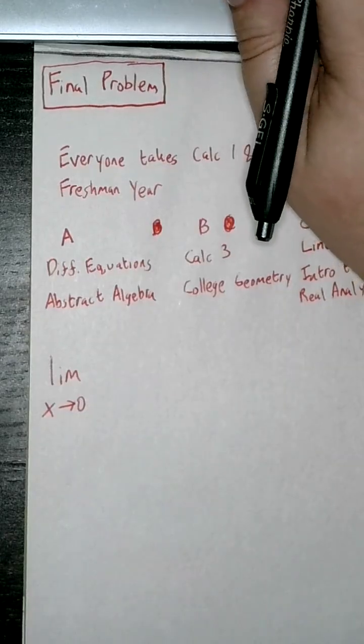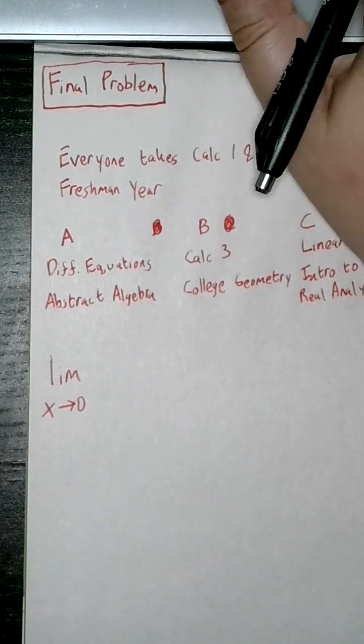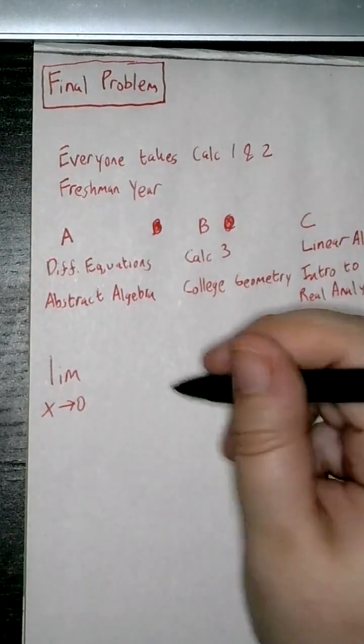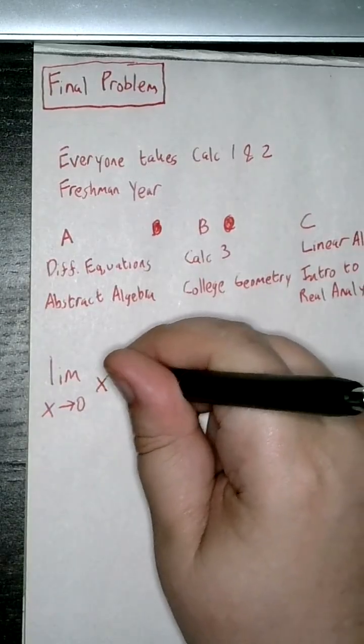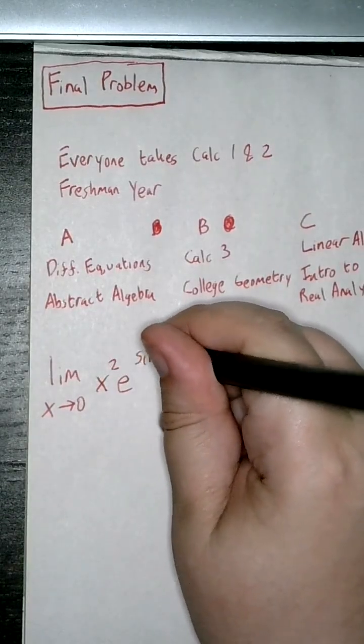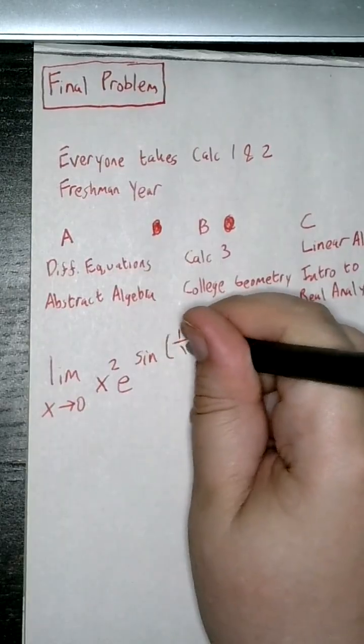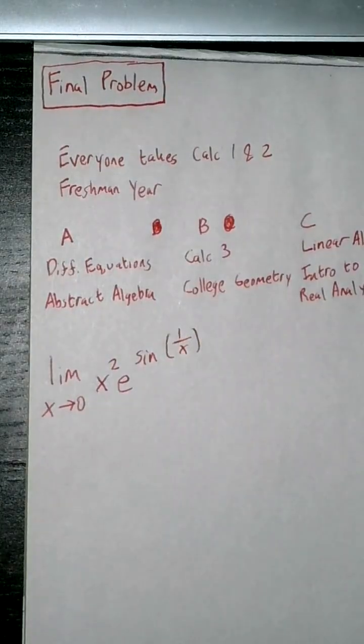Oh, there it is. That's a fun one. Let's do it. So I have the limit as x approaches 0 of x squared times e to the sine of 1 over x. A little bit of a different one, but nothing I don't think we can't handle.